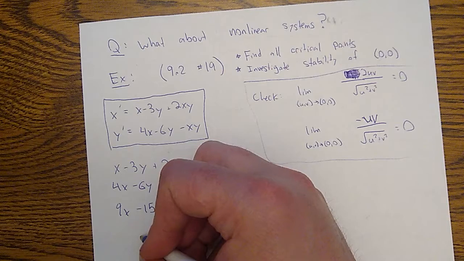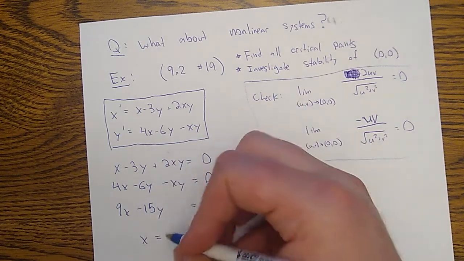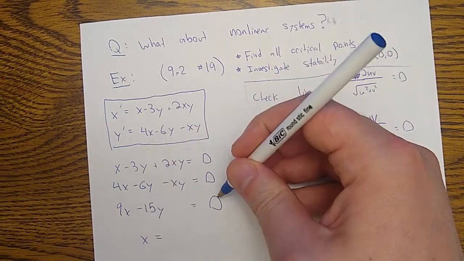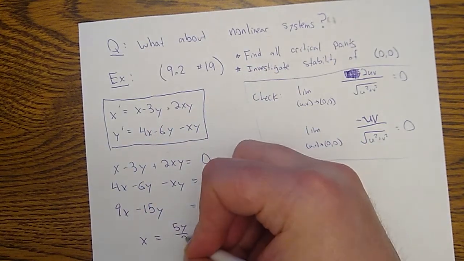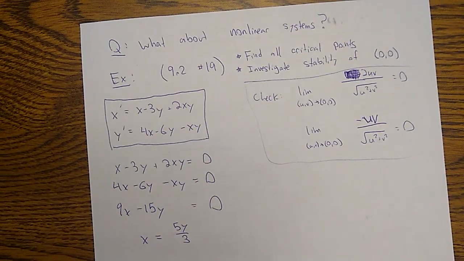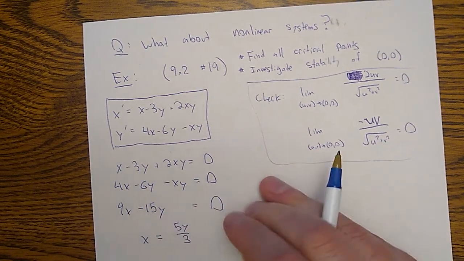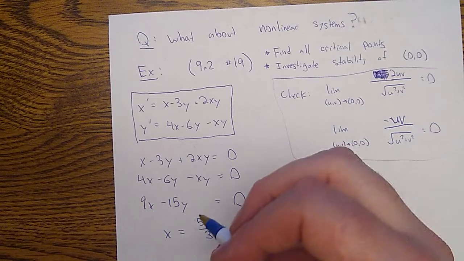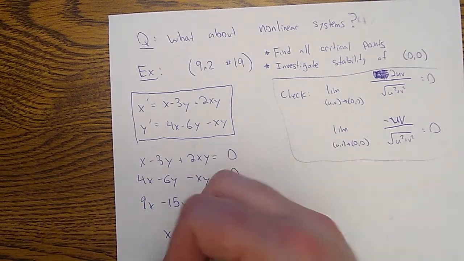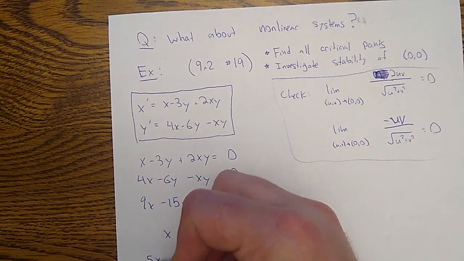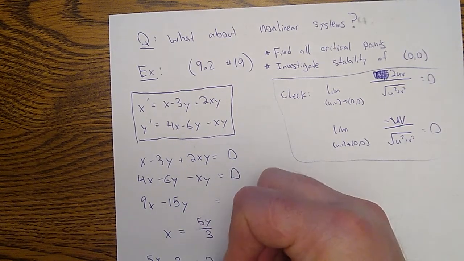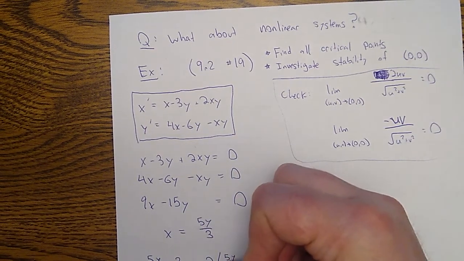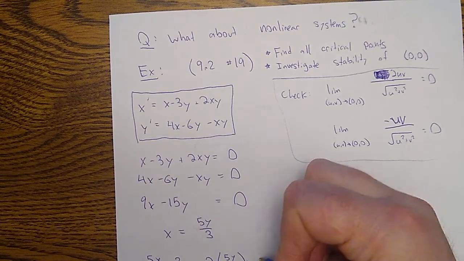Let's see. x equals 15y over 9, which would be 5y over 3. Okay, let me plug that somewhere where it might help. 5y over 3 minus 3y plus 2 times 5y over 3 times y equals 0.